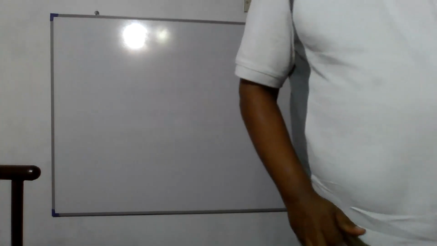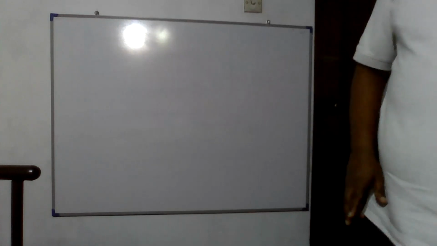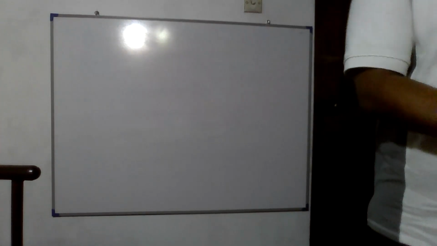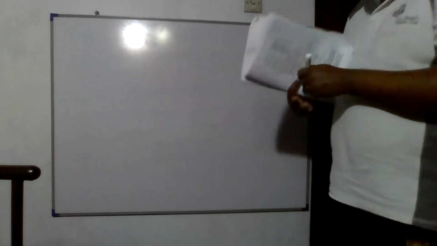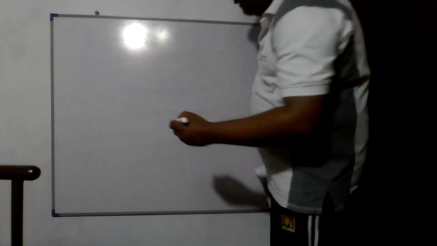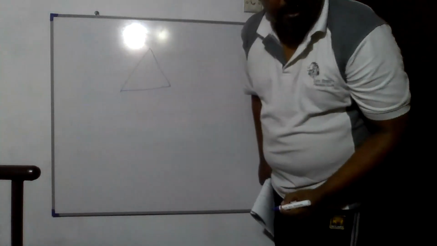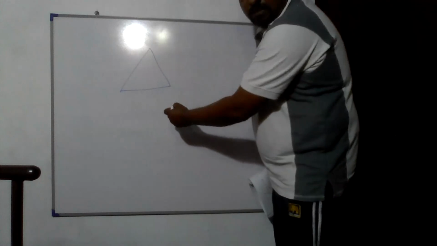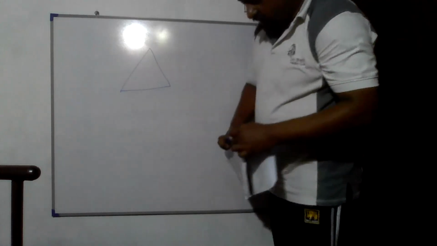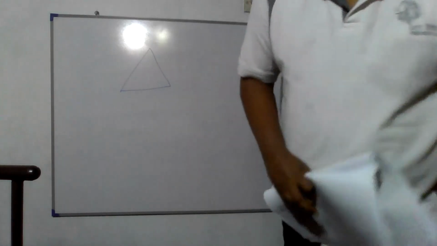Good. Now, a few points which were not there in the PowerPoint presentation, I'll try to explain now. I think you know the sine rule, right? Now, if you have a triangle, can you see this? Is it clear for you?